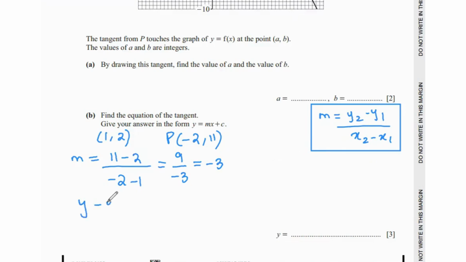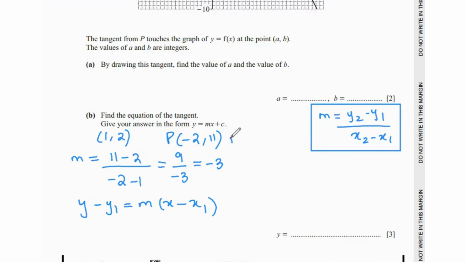Y minus y1 equals to m times x minus x1. I'm using the point slope form to create an equation and then simplify it and put it in slope intercept form. Point slope form is used when you have a point and a slope. We already found the slope, which is -3. And for the points, we can choose P or AB.